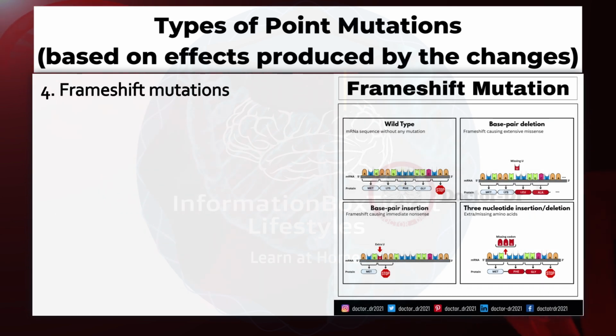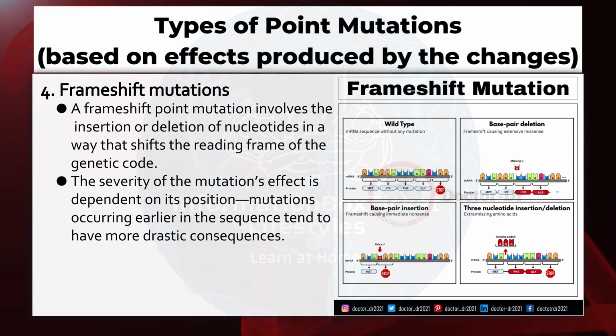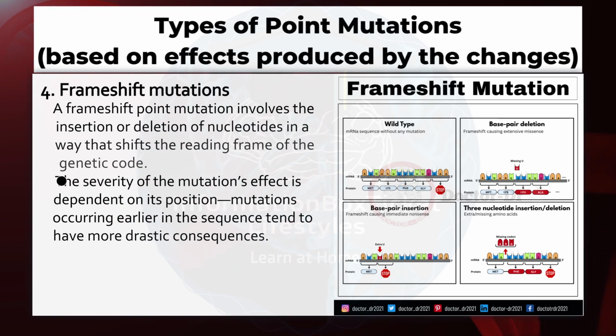Number 4. Frameshift mutations. A frameshift point mutation involves the insertion or deletion of nucleotides in a way that shifts the reading frame of the genetic code. The severity of the mutation's effect is dependent on its position. Mutations occurring earlier in the sequence tend to have more drastic consequences.